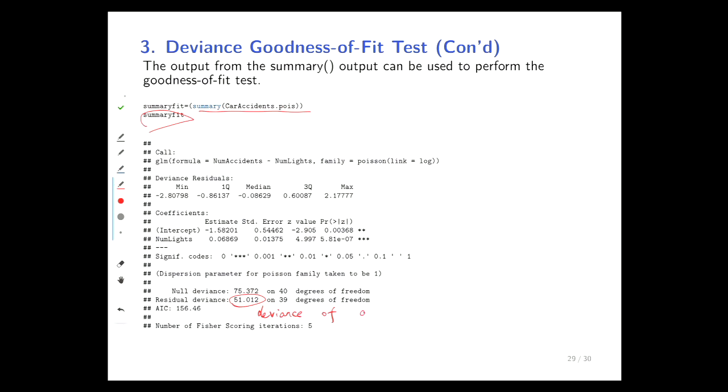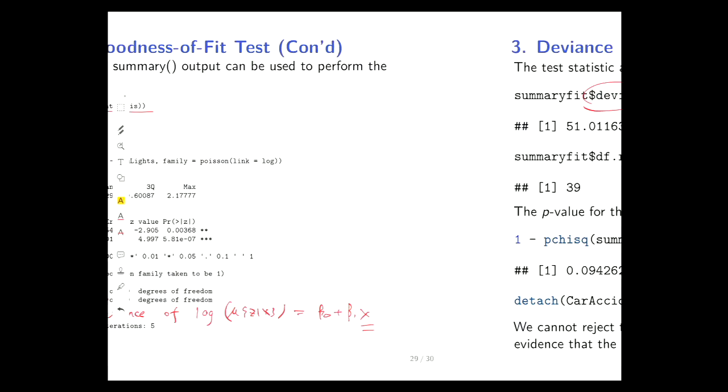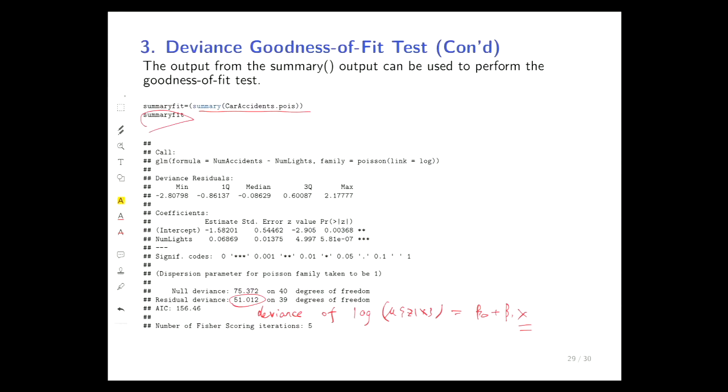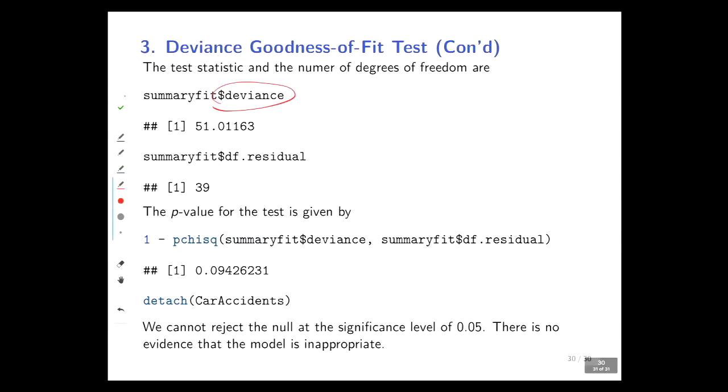So here, our model is log mu of z given x equals beta 0 plus beta 1 x, and x is the number of the traffic lights. So you can use this deviance to obtain the deviance of the model. And also you can use this to obtain the degree of freedom of this test, which is m minus k minus 1.